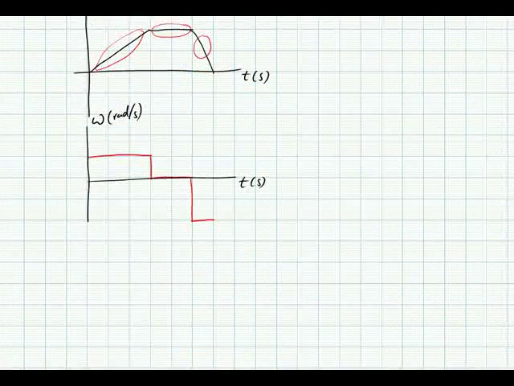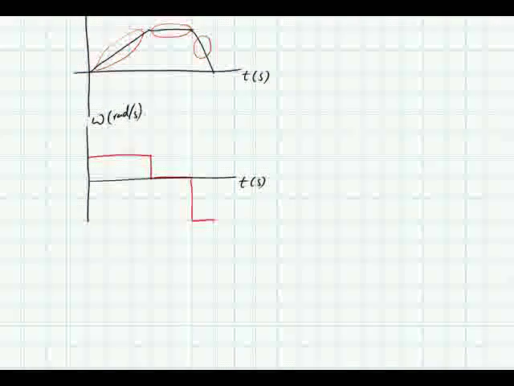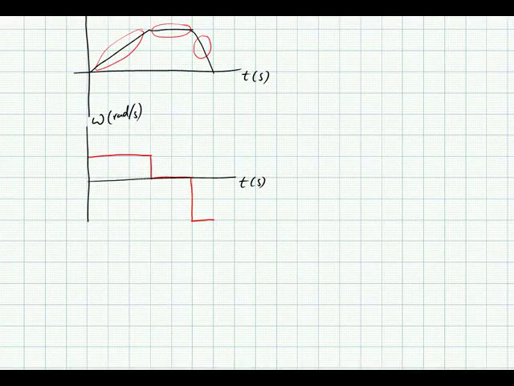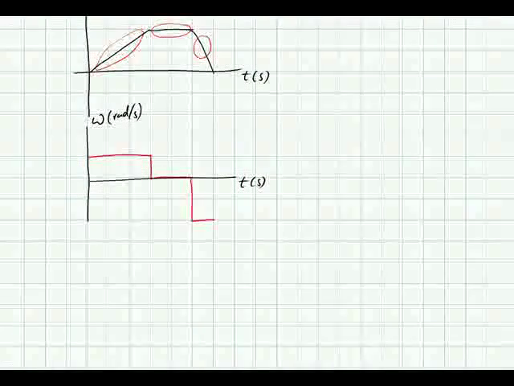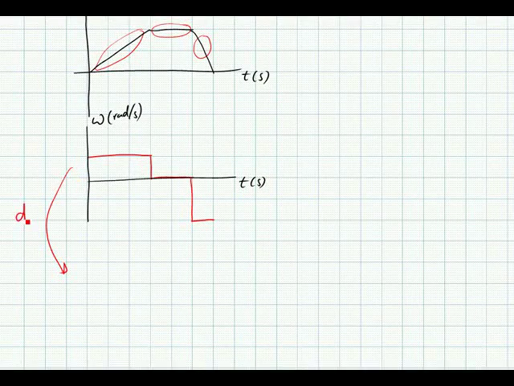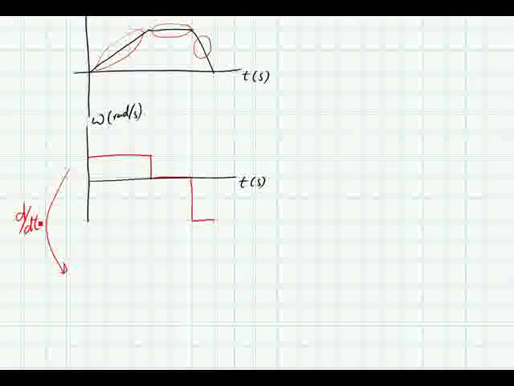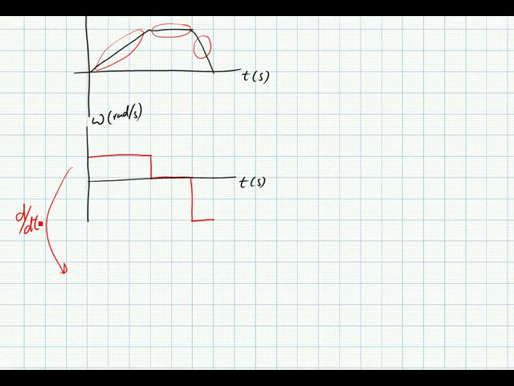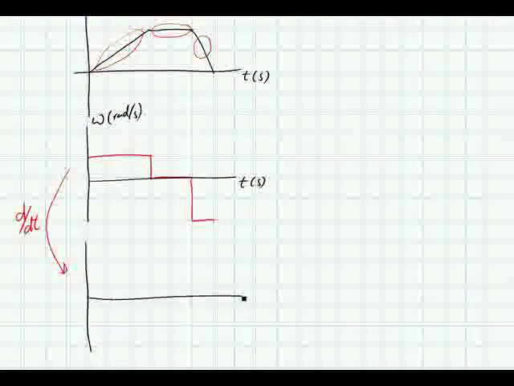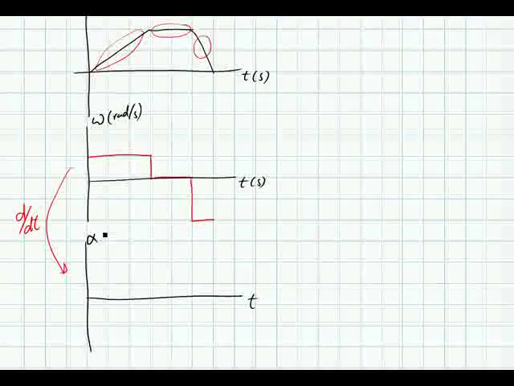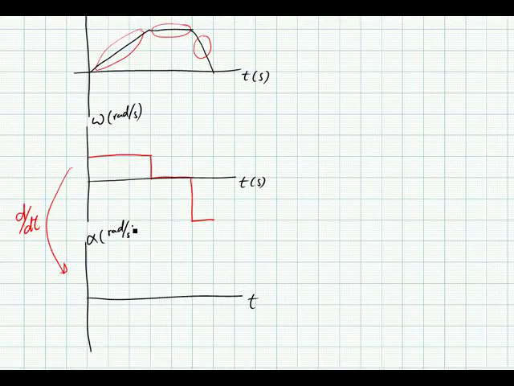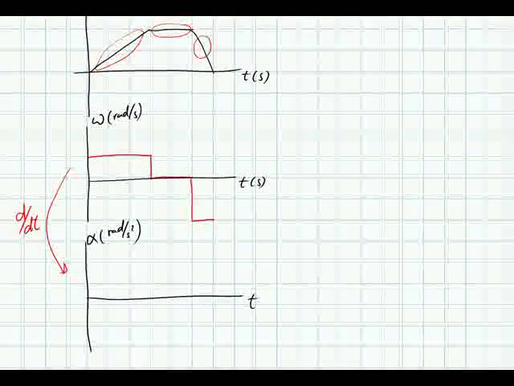Now, to calculate the angular acceleration, you take yet another derivative, d by dt of omega. Here we have angular acceleration in radians per second squared.